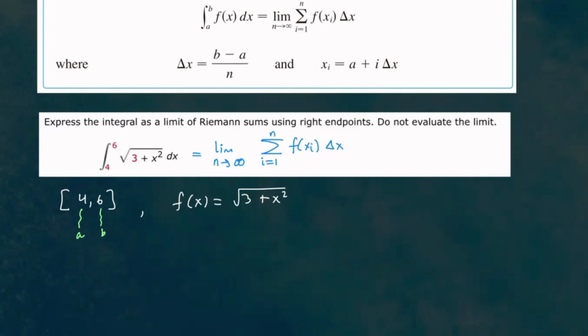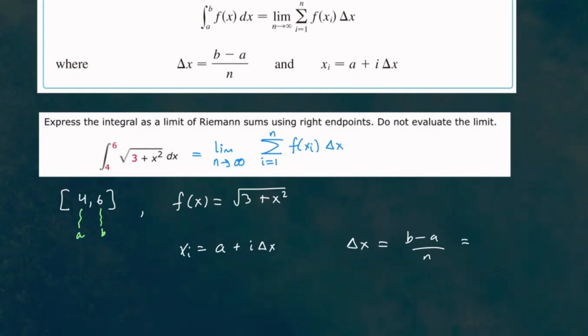From this formula above, xi should be a plus i delta x, and delta x has to be b minus a over n. So n is as many rectangles as you want under this curve. Again, we're not going to evaluate, so we don't need to think about that at the moment.